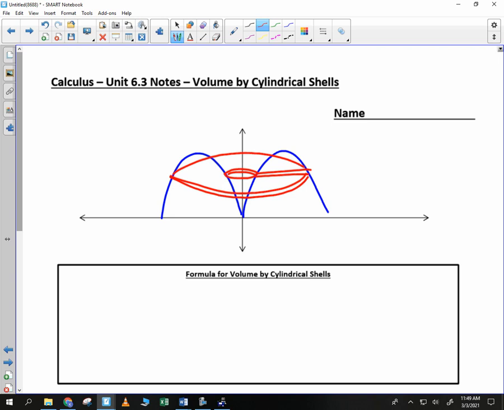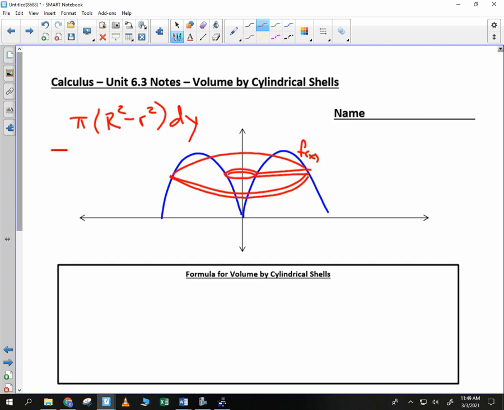Got that picture? If we call this thing f of x right here, and you set up pi times big R squared minus little r squared, that's a problem, isn't it? Can somebody tell me why that's a problem? Everybody see big R and little r are the same?